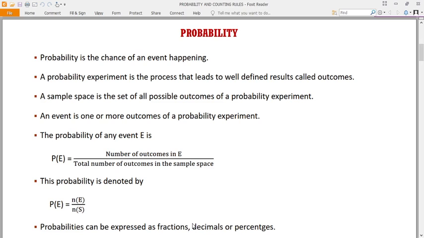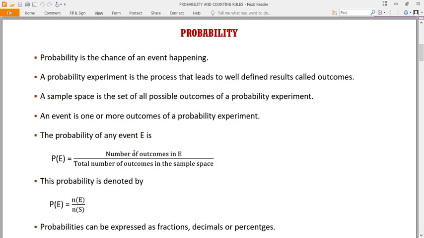And that leads us to the formula of probability, which is the number of outcomes over the total number of outcomes in the sample space. For example, if I roll a die and want the probability of getting a 2, I can only get one 2 when I roll a die once.